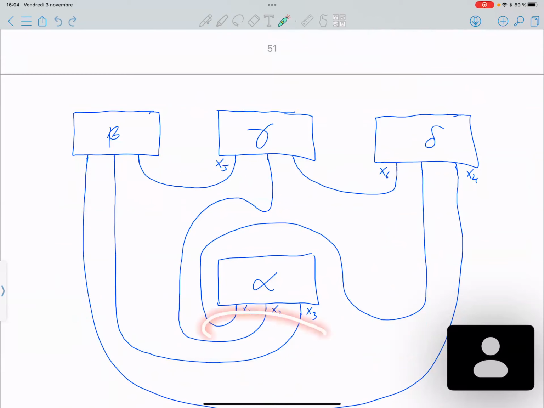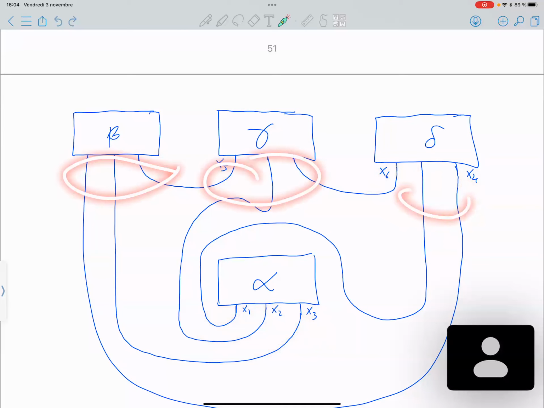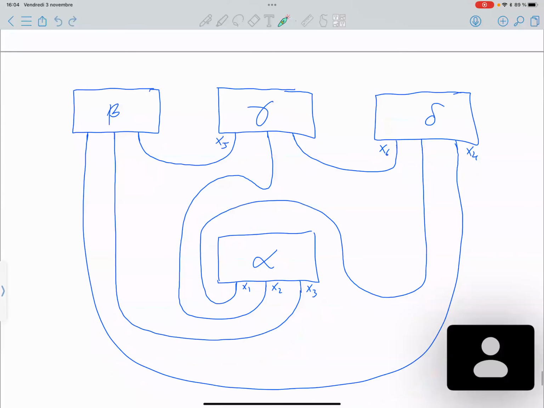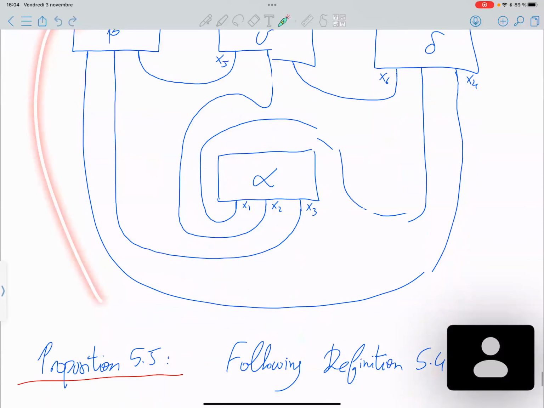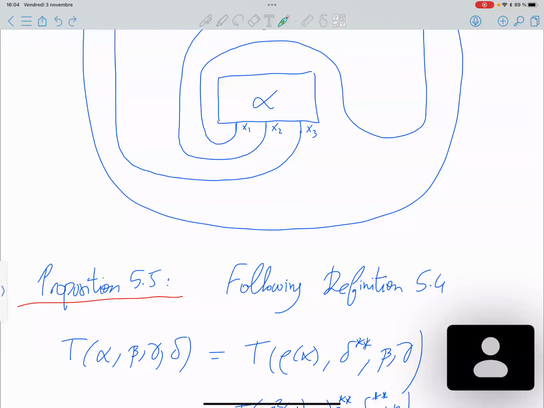They will all vanish. And so you will get directly that this is equal to that. But what is very amazing here is we were able to prove that without using the pivotal structure. So this is interesting.